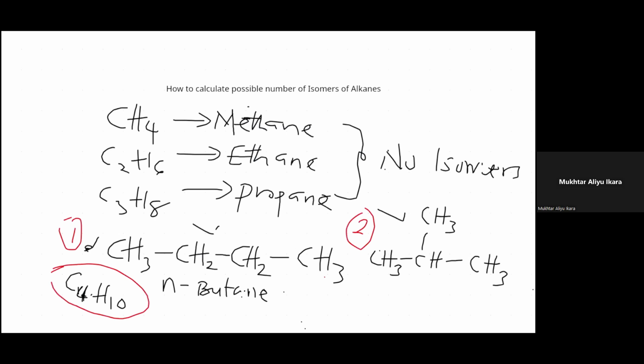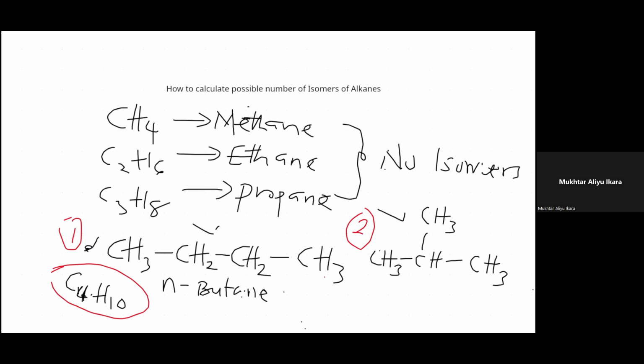This is what you call isomerism: to have compounds with the same molecular formula but different structures. So butane has 2 isomers. The first is the first structure, and the second is the structure with a branch.